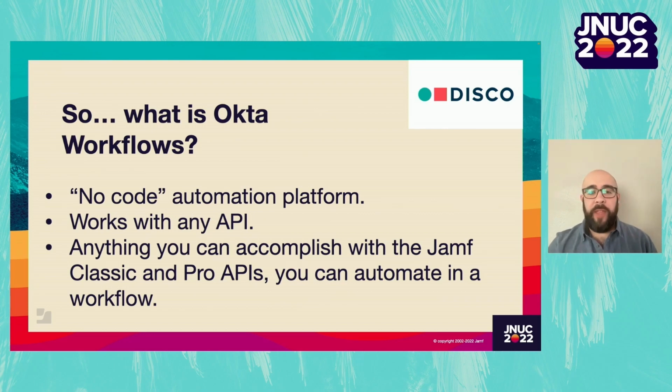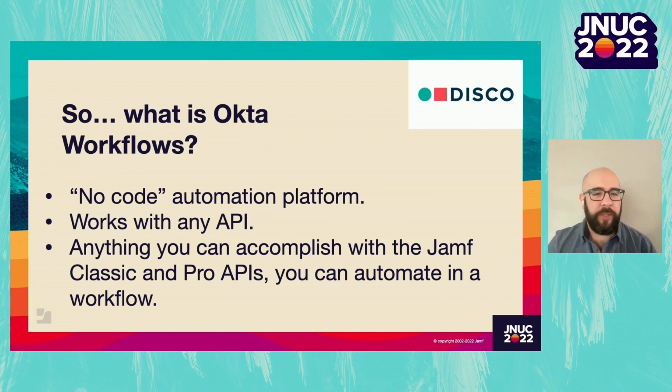So a great example of that is, let's say there's a user who is switching teams or departments at your organization, and on the new team they're going to need a Microsoft Office license. A group rule in Okta could automatically scope the person to the appropriate group so that they get that license.